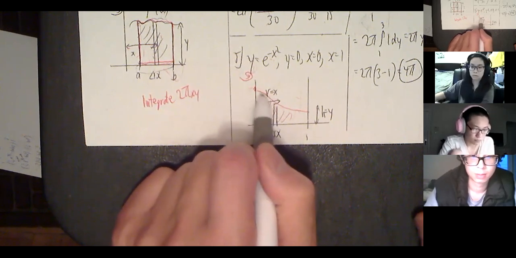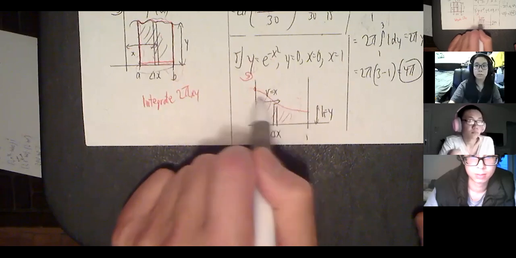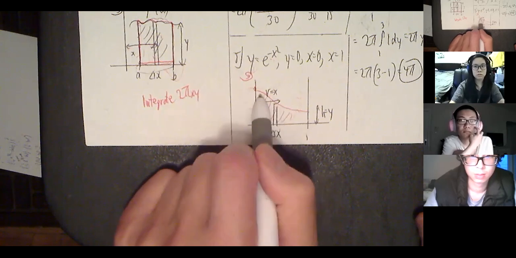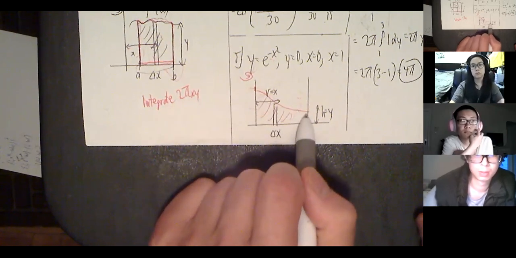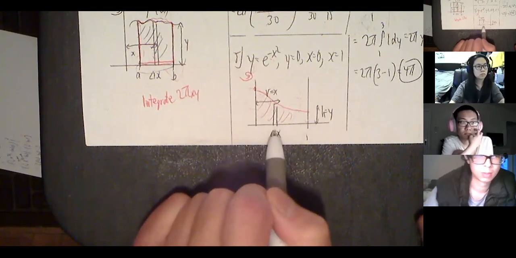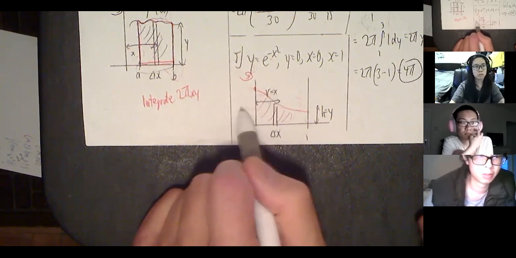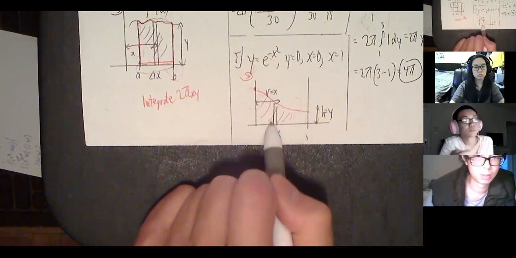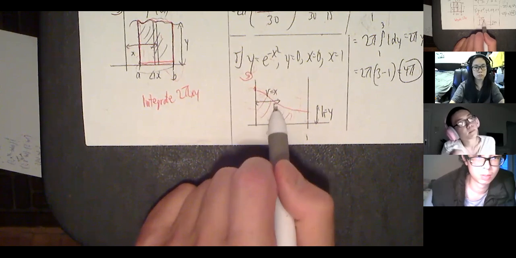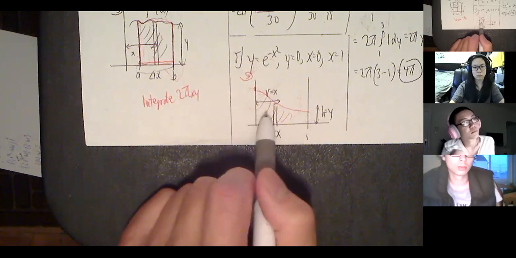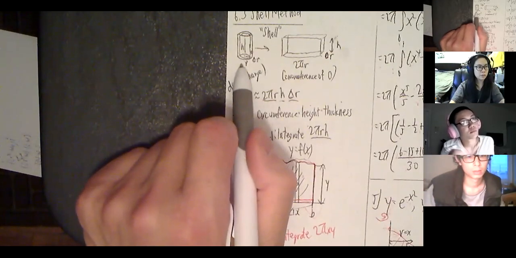In this case, it's not really that convenient, because if I slice this way, well, you'd have one function here, and then all of a sudden, it just becomes x equals 1 over here. So in this case, it is easier to do your slices delta x. So we're doing the shell method. Here's my delta x. If I take this rectangular region, yes, it's not really a rectangle, but it's quote unquote almost a rectangle. Spin it about this way. I get something that looks like these shells.